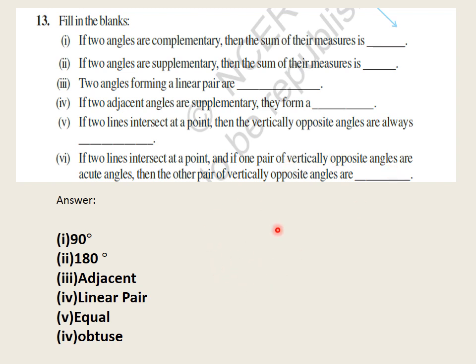So the other must be obtuse to get 180 degrees, because to form a linear pair you should have 180 degrees. Two lines intersecting means if you add the two angles, it will form a line. So 180 degrees you have to get. If one angle is acute, the other one should be obtuse. Okay.